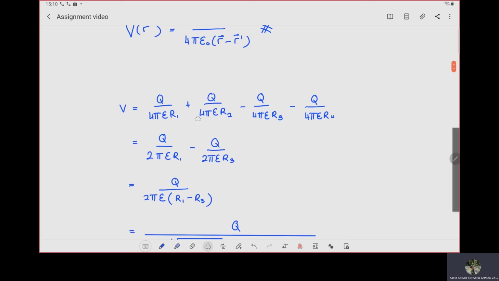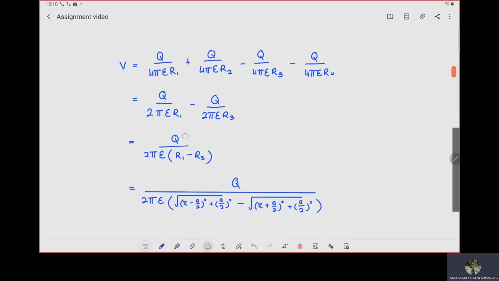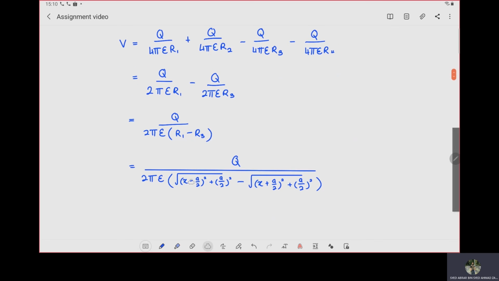We can simplify it, as we know that R1 equals R2, and then we got this equation. The same goes for R3 and R4. So we simplify by factorizing Q over 2 pi epsilon and R1 minus R3. We insert the magnitudes of R1 and R3, and we got this, the final answer.